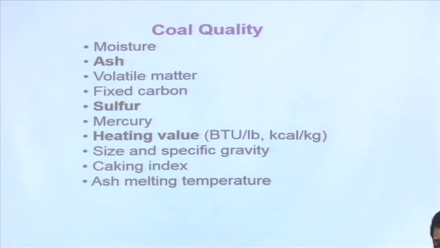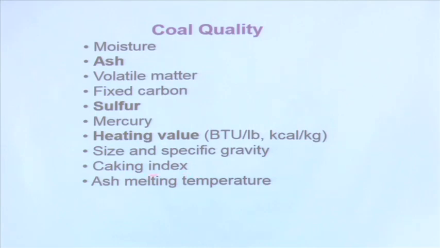But if that size and density do not tell me that it is washable, then why should I buy it, even if the caking index is good. So, the size and specific gravity are also very important quality indicators.